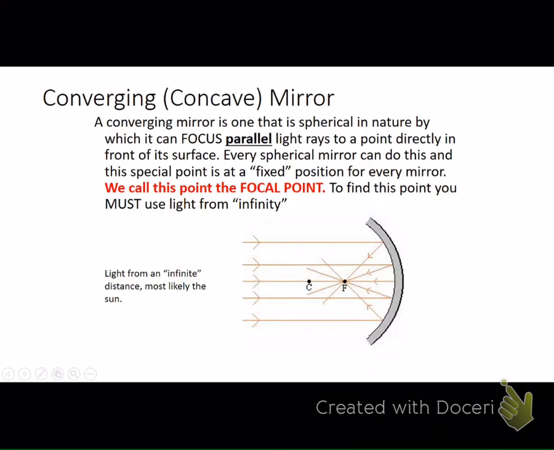All the rays go through a certain point, and that is called the focus. Every spherical mirror can do this, and so for these types of mirrors, we call it a focal point. You can't be too close or it doesn't work, but if you get a reasonable distance away, you have a focal point.